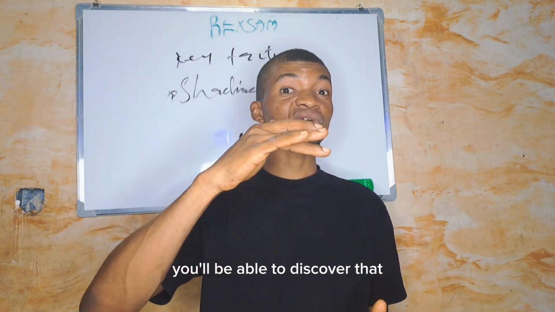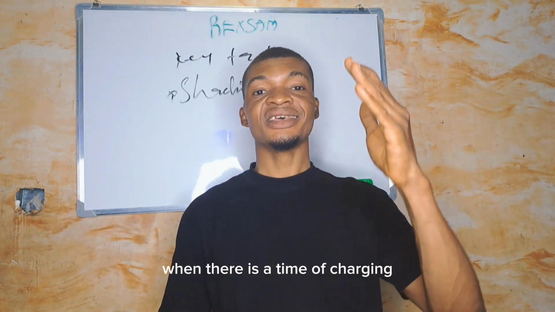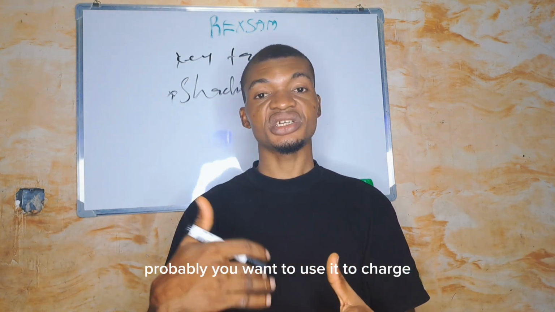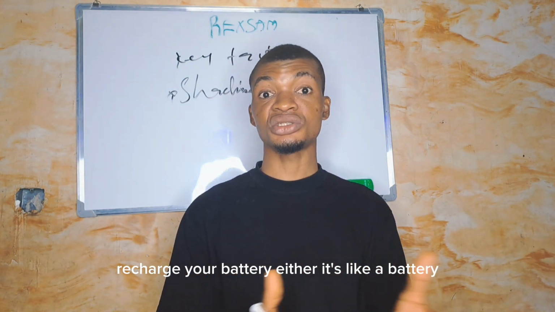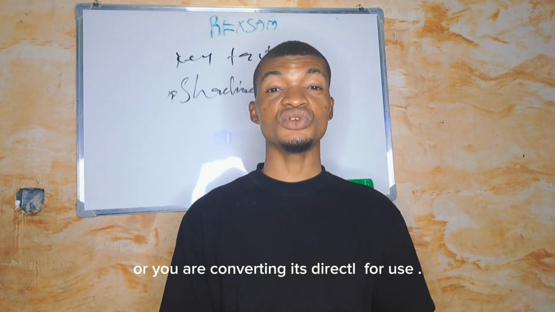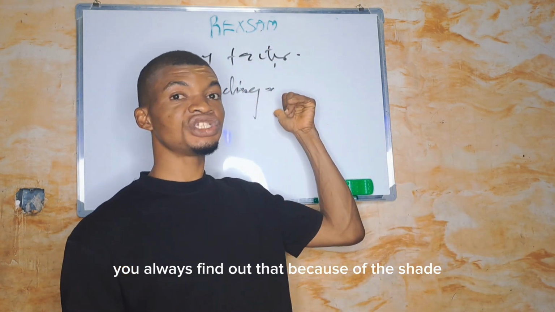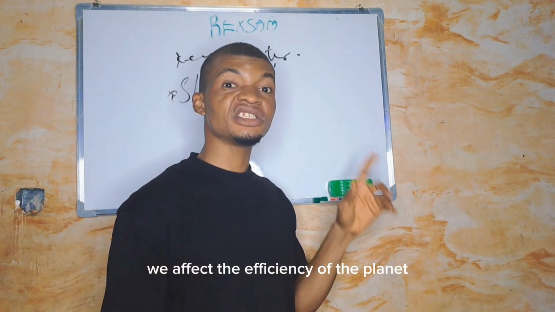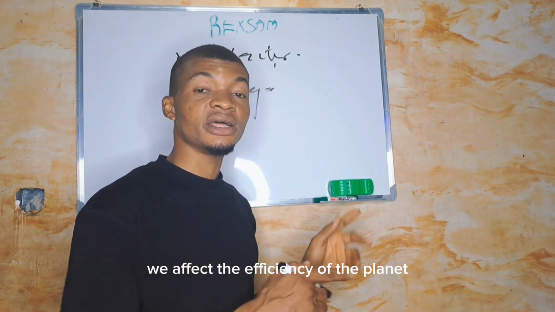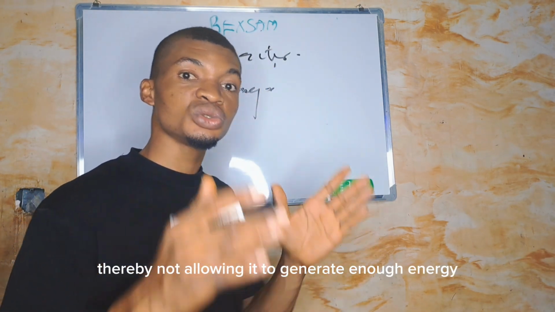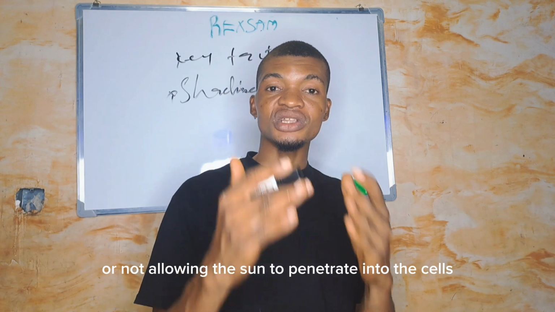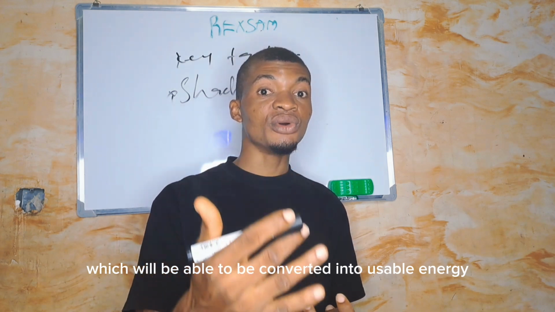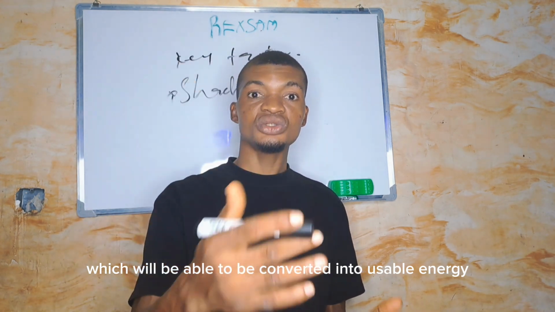You will discover that when you want to recharge a battery, either a deep cycle battery, or you are converting it directly for usage, because of the shade which has cast a shadow on top of the solar panel, it will affect the efficiency of the panel, thereby not allowing it to generate enough energy or not allowing the sun to penetrate into the cells, which would be converted into usable energy.